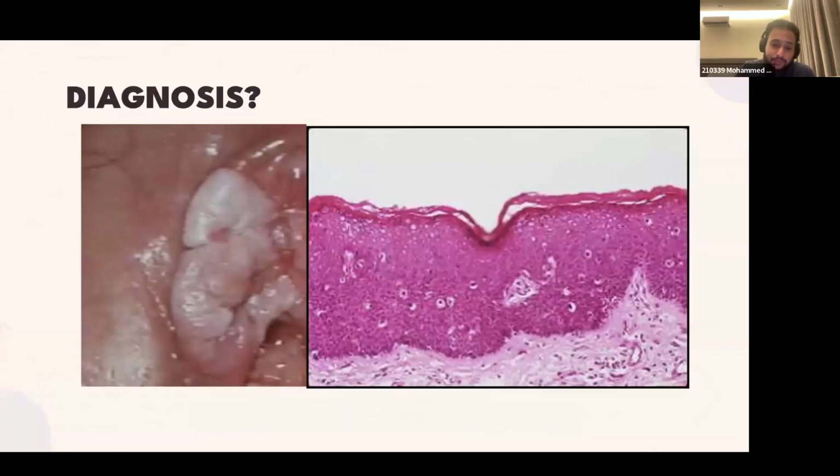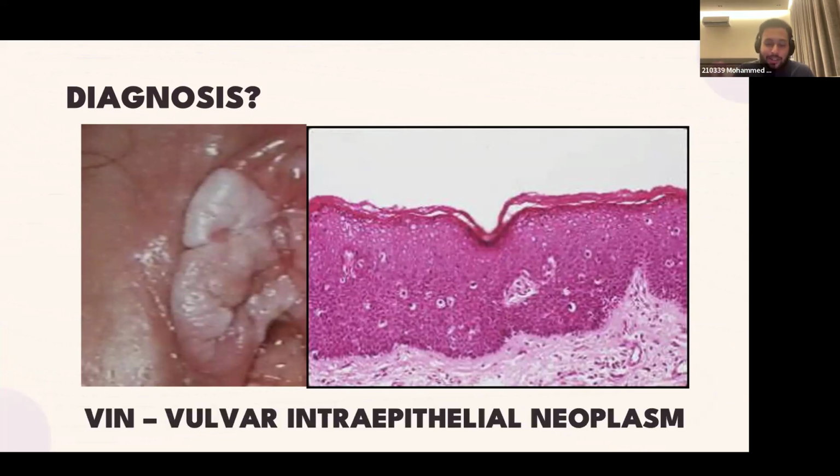Now, how about this patient? What's happening to them? It's not a wart, but it's something. Good. VIN, or vulvar intraepithelial neoplasia. This is basically leukoplakia that's happening, the whiteness in the vulva or the labia.